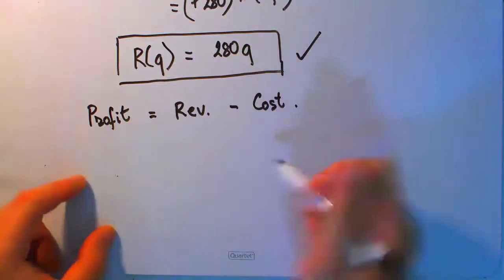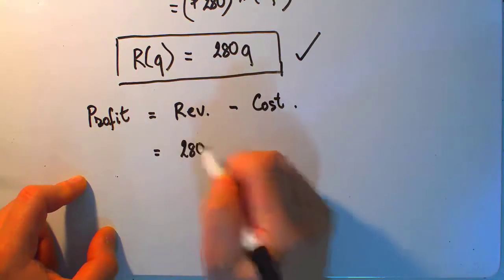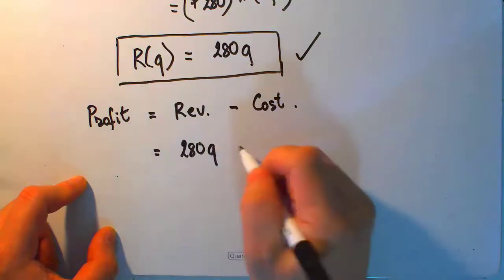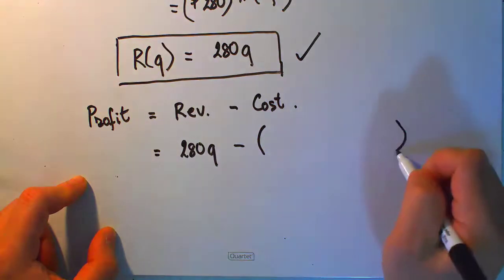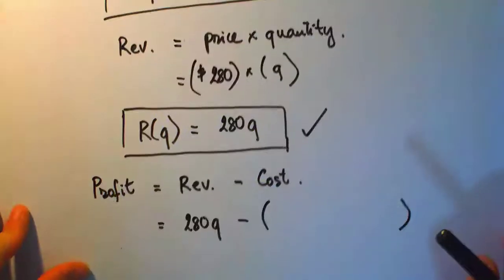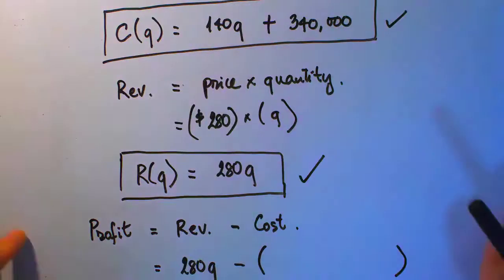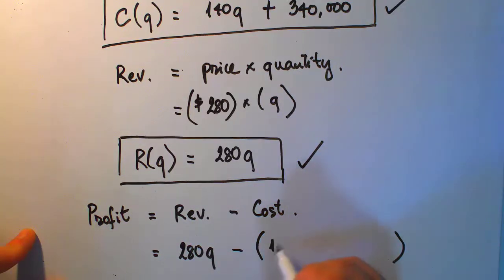And so in this situation, what you're looking at now is the revenue being 280 Q as a function in terms of Q, minus, and I highly recommend, it's always the best practice, to put parentheses, because now we're about to subtract a function from another function. We're subtracting two functions from each other. And this function C of Q has two terms. And so I highly recommend that we put the function being subtracted in parentheses so that the sign change can be cautiously done later on. So 140 Q plus 340,000.